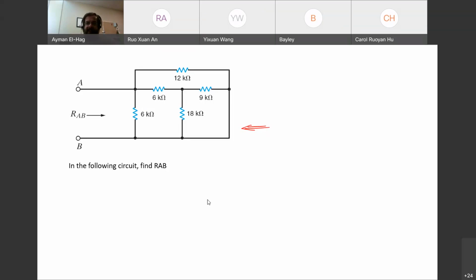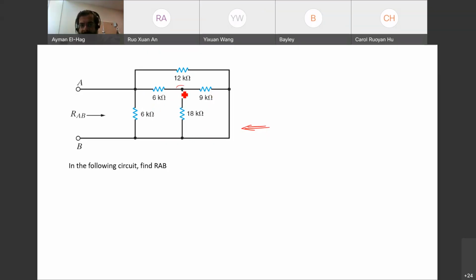9, 18. No, 6 and 18 is not. Because let's see the 6 and the 18. This 6 shares with the 18 one node, but the other node of this 6 is shared with the other 6 kilo ohm, not with the 18. So none of them. But see the 9 and the 18.